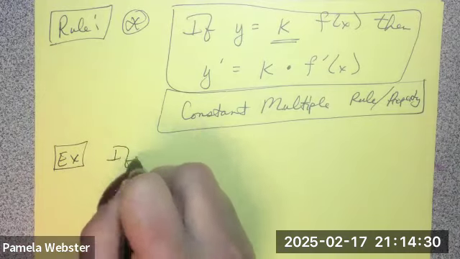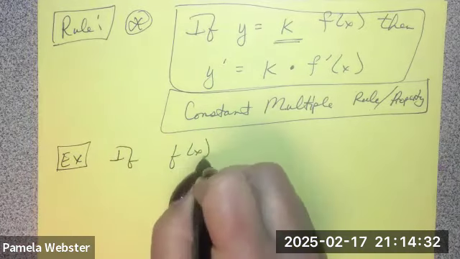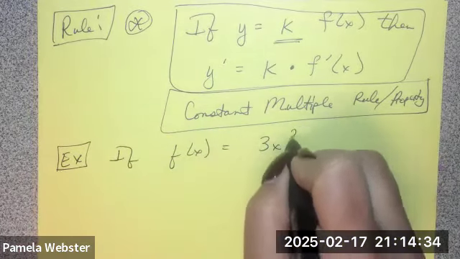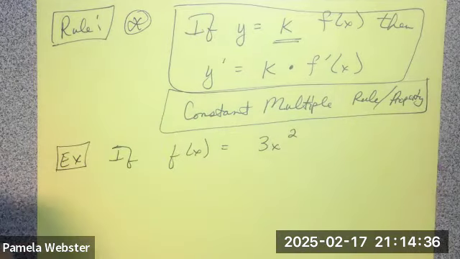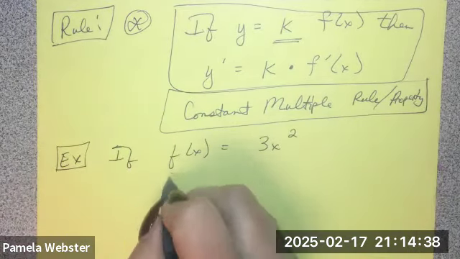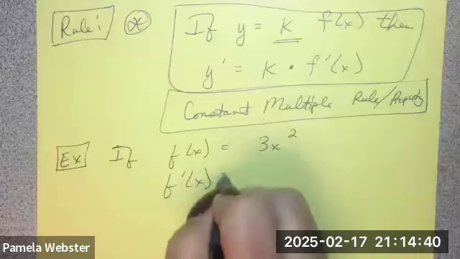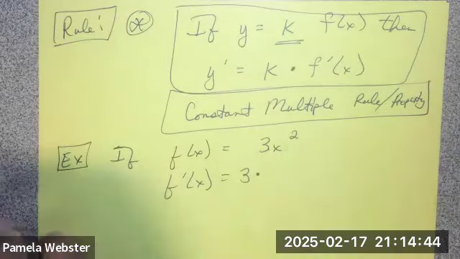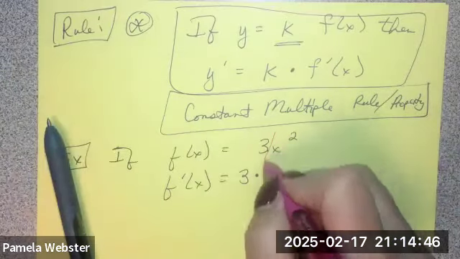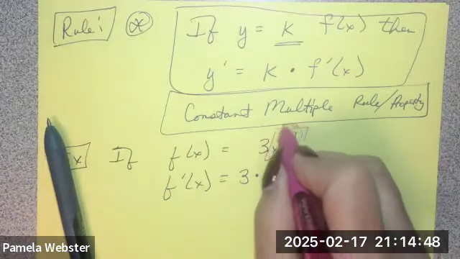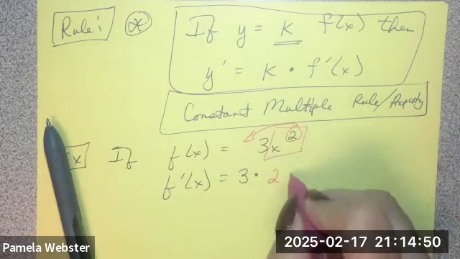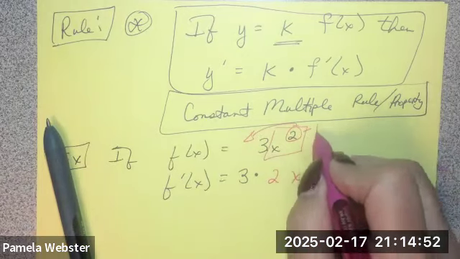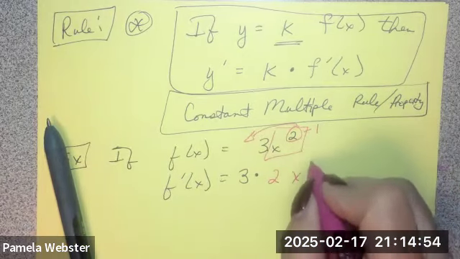So if f of x equals 3x squared, then my derivative is, leave the 3 out there. It's going to be multiplied. This is a power function, right? Do my exponent rule, times 2, x to the, subtract 1 from that exponent.